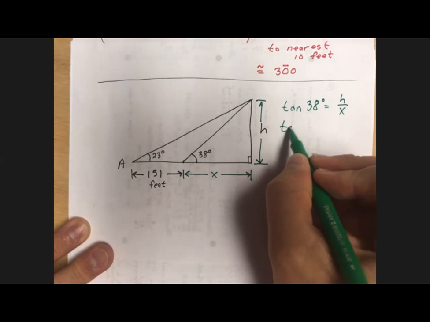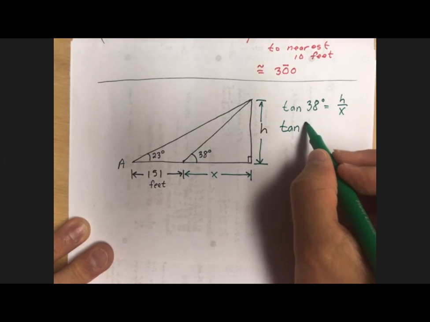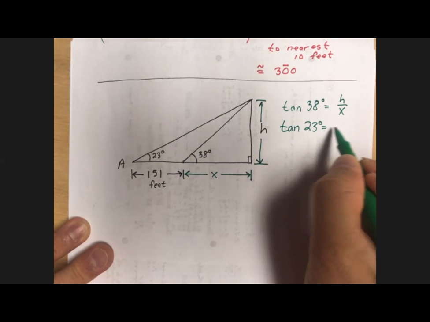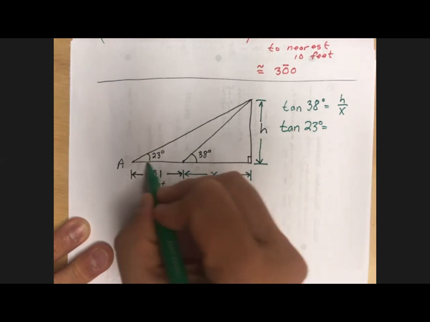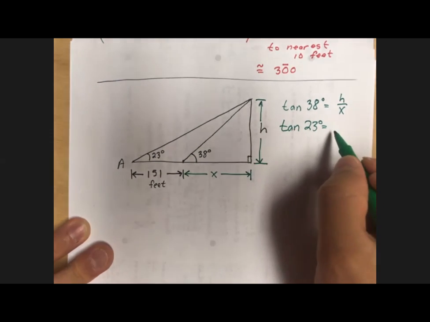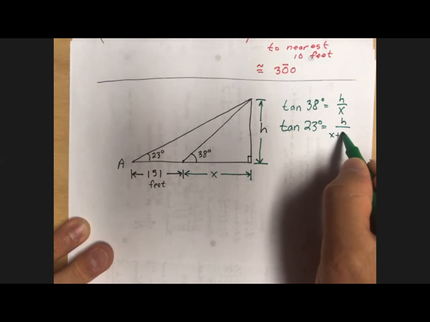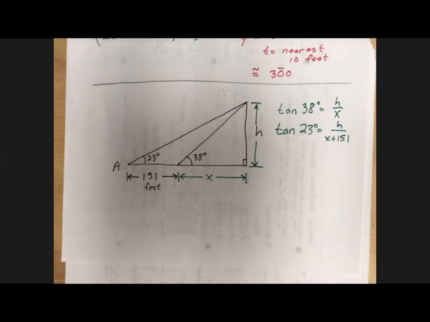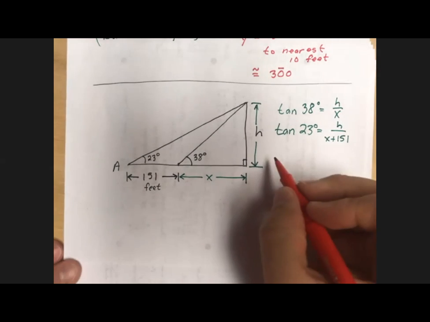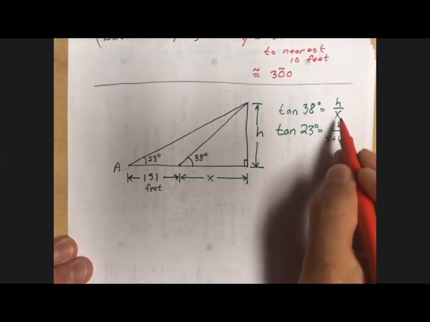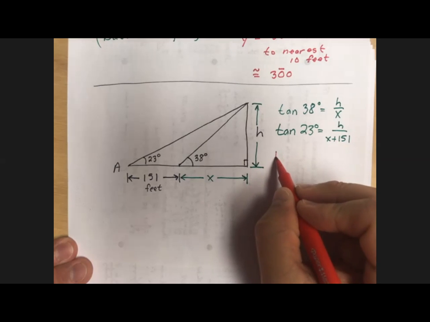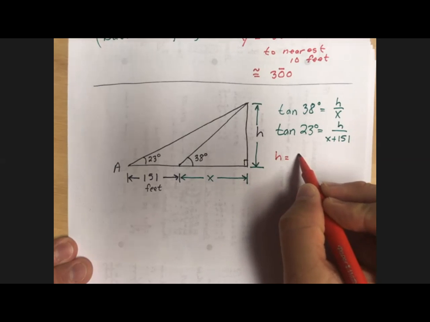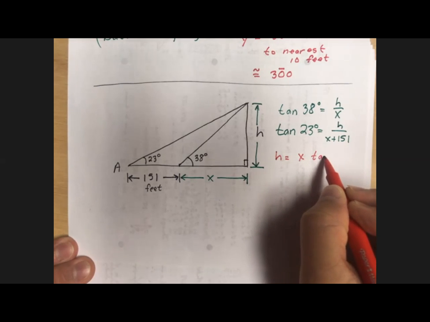So I could also say the tangent of 23 degrees is h over adjacent, opposite over adjacent, h over x plus 151. Now let's consider those two things, because if I multiply both sides by x in the first equation, it says h is x times tan 38.